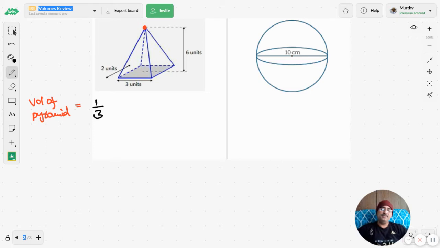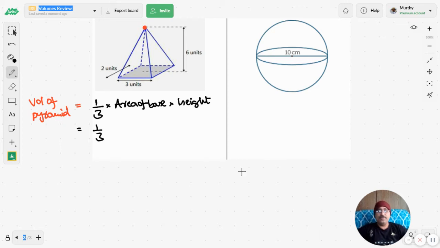In the same way, prism and pyramid, pyramid is 1/3 of the volume of the prism. So here 1/3 area of base, I'm writing too close, I'm sorry for that, times height.